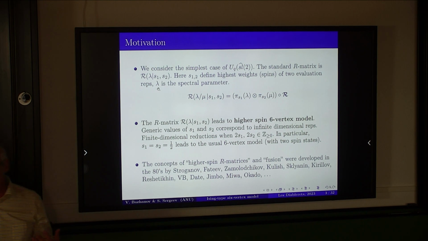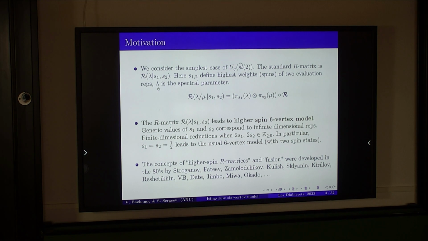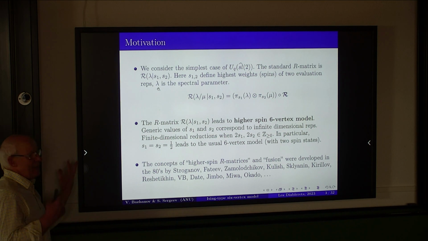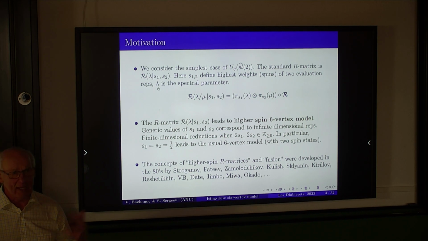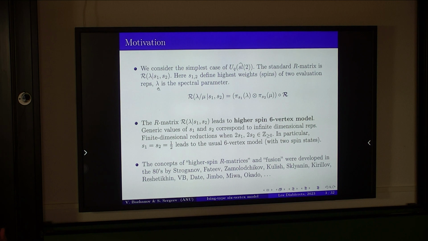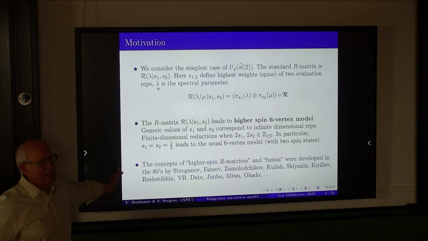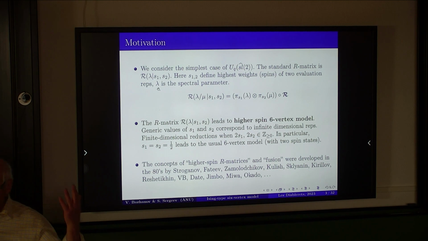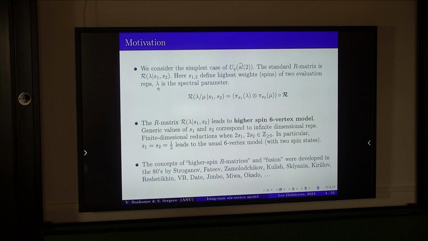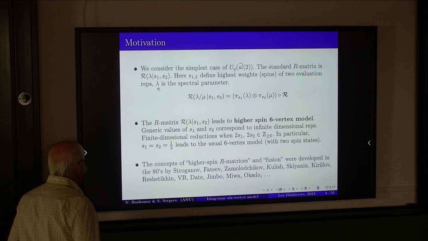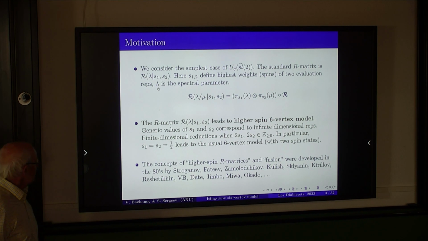The six-vertex is spin 1/2, but the higher-spin R matrices were developed through the 80s by many people, like Fateev, Zamolodchikov, spin 1, and other models. Many people contributed.